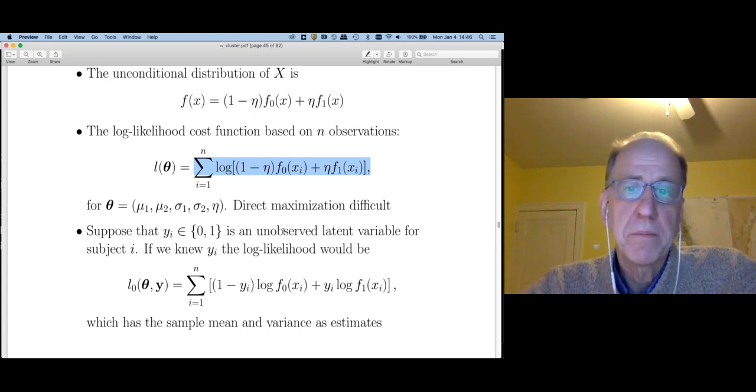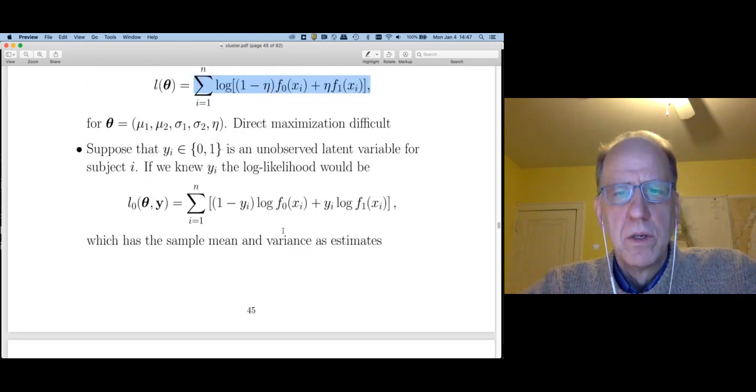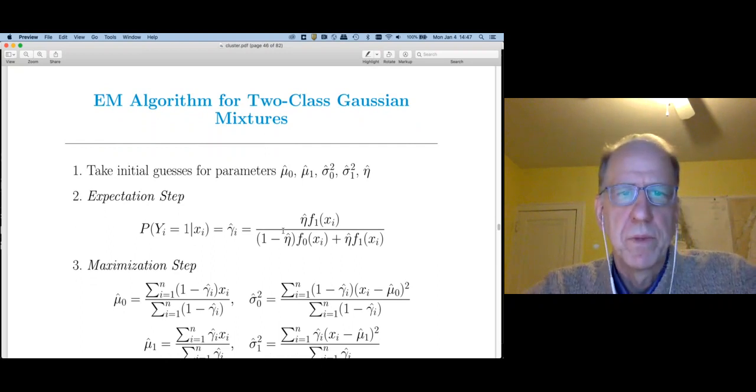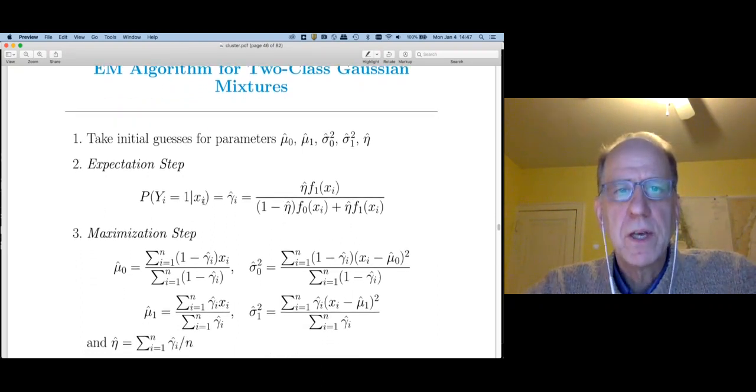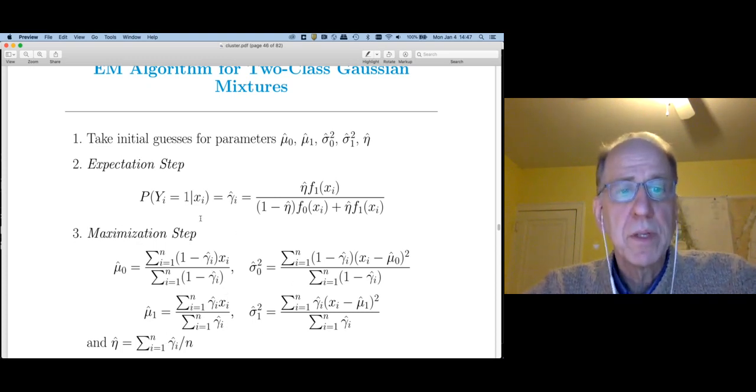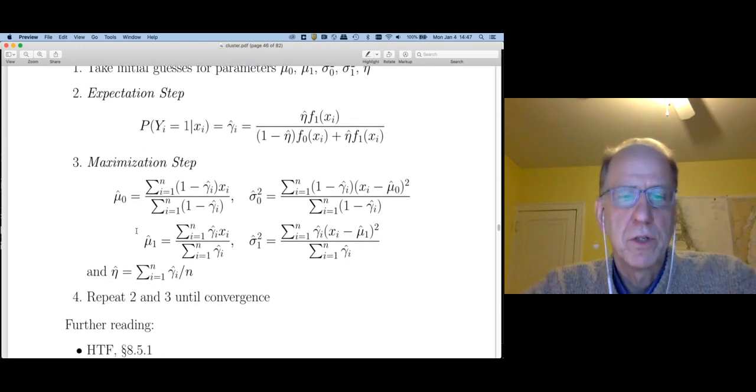We're just estimating means and variances, and that's a problem that any introductory statistics student has addressed. So we're going to do something very similar to the k-means algorithm, where I first estimate which class you're from, or at least the probability of which class you're from. Then with that fixed, I estimate the means and the variances, and I update my priors, and I iterate between these two steps until convergence.